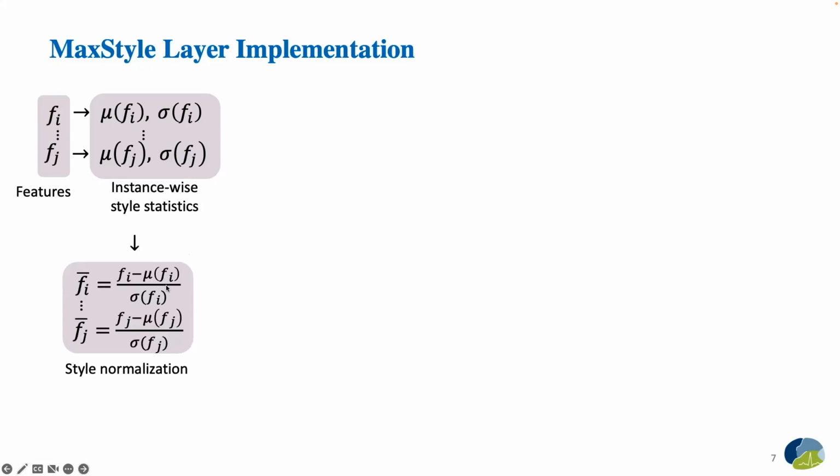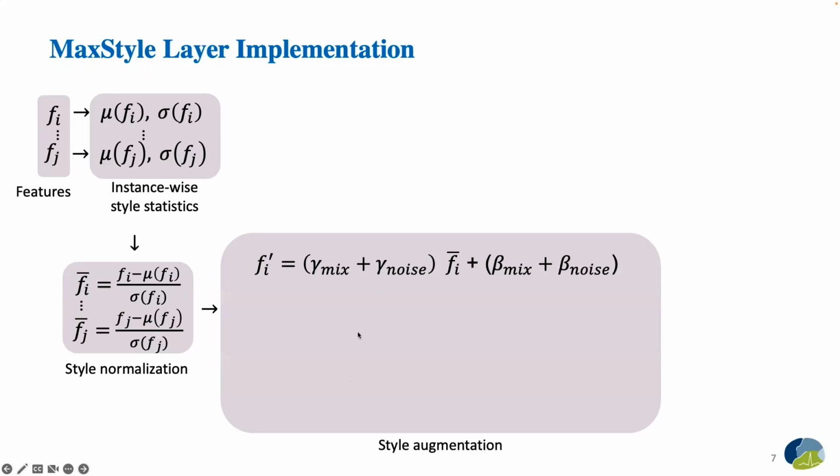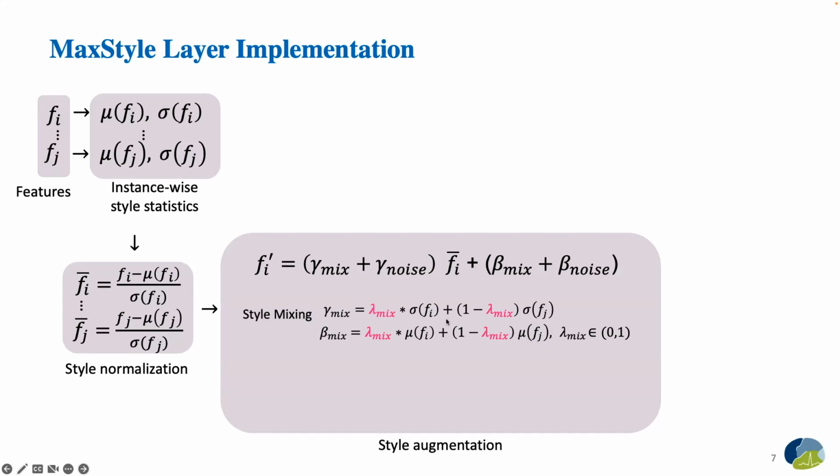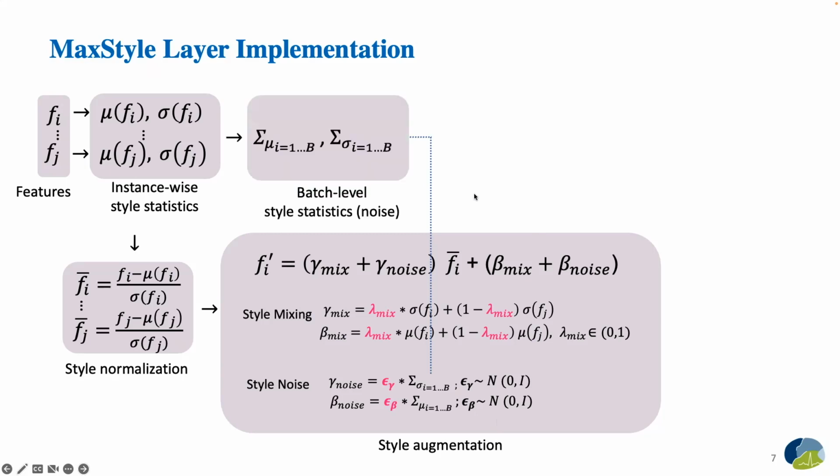For each instance, we first perform style normalization, followed by style augmentation, where the augmented style is a linear combination of its own style and the one from another instance, J. To further enhance style diversity, we introduce some additional channel-wise style noises sampled from Gaussian distributions. Here, in order to bound the style noises within a reasonable range, we rescale the noise with the variance of style statistics computed from the current batch.